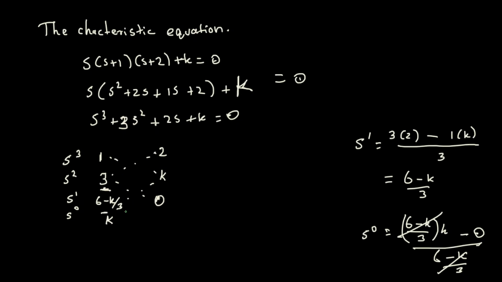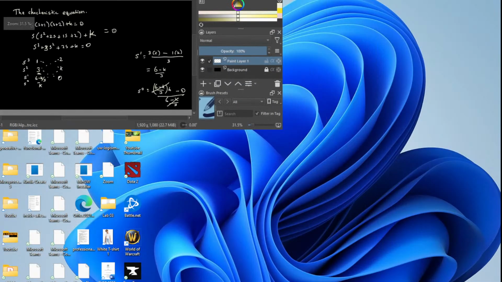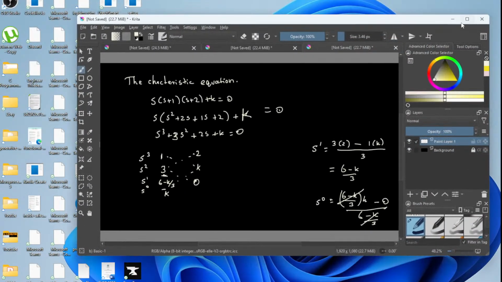So k should be less than 6 in this case, and for this one k should be greater than 0 in order to be positive. So we can mention it in the next page.